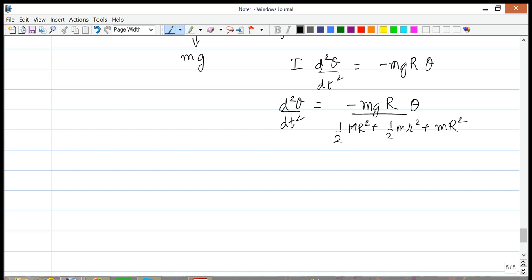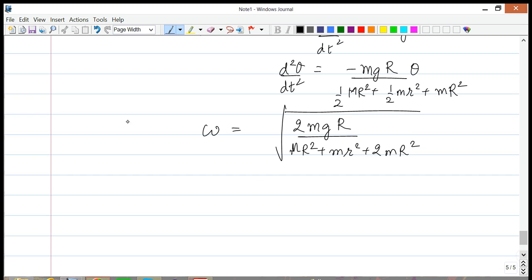Now this, you see, is nothing but the equation for a simple harmonic oscillator, with omega being equal to the square root of mgR divided by, now you see I can once again get rid of all the factors of half, so I'll move that half up, and I'll have capital MR squared plus lowercase m r squared plus 2 times m times R squared.